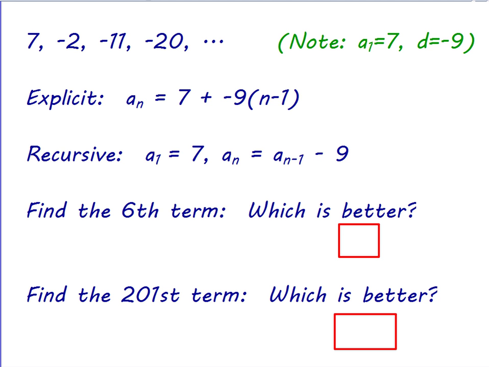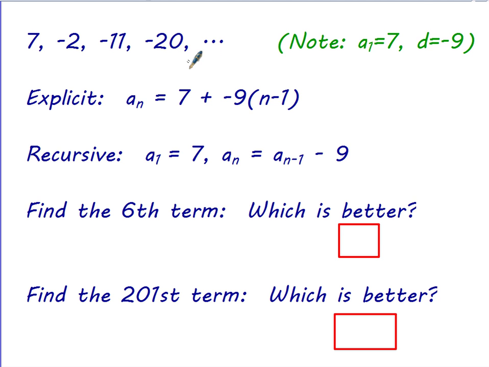Now here's my question. If I only needed to find the 6th term, which formula would be most important to me? Well, if I only need to find the 6th term, I could just write out the pattern recursively. That's what it's called when you simply write or continue the pattern, right?